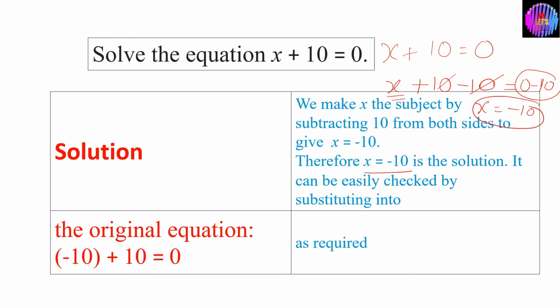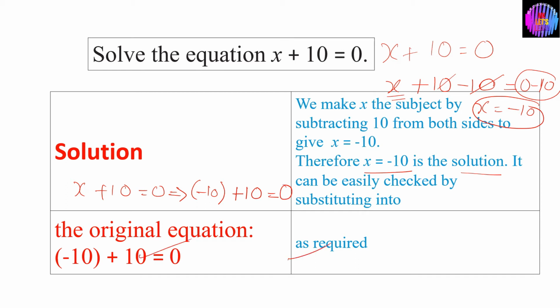Therefore x is equal to minus 10 is the solution, a root of the linear equation. We know that the solution can be called the root of the linear equation. It can be easily checked by substituting into the original equation. X plus 10 is equal to 0. Substitute minus 10 in the place of x: minus 10 plus 10 is equal to 0.